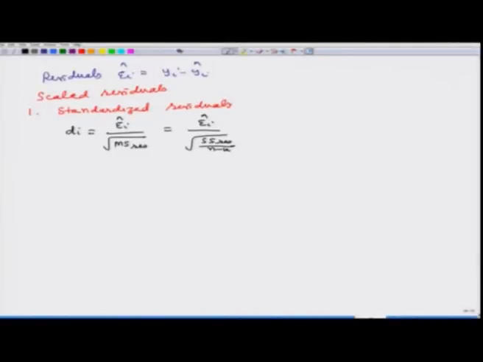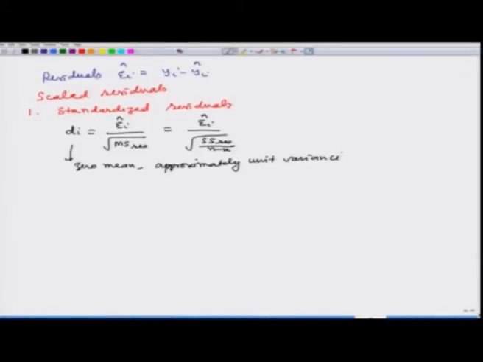You may recall that the value of MS res, the mean square due to residual, or SS res, the sum of squares due to residual, can be obtained from the analysis of variance table. These di have 0 mean and approximately unit variance.